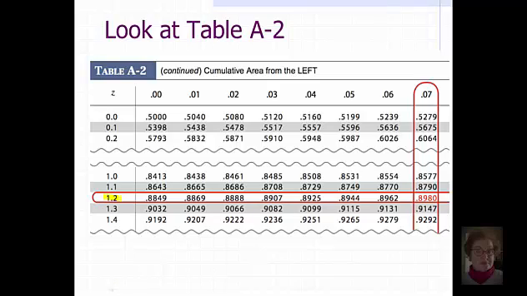So now my z-score was 1.27. So I'm going to find the 1.2 along the left margin of table A. I'm going to find the last digit along the top line. And then I look to see where those two intersect. And so I can read my probability to the left of that z-score right off of table A, 0.8980.